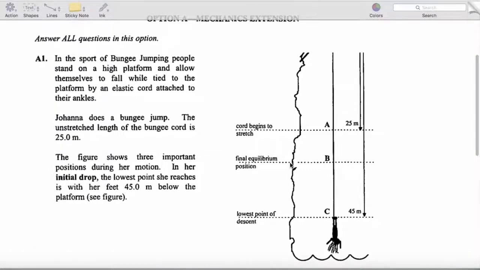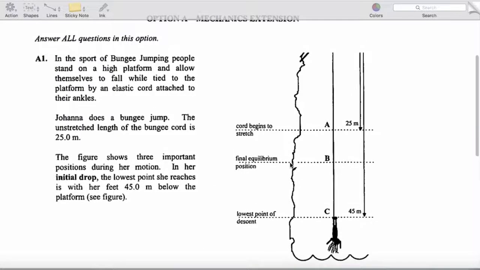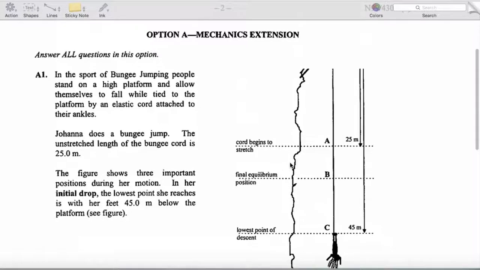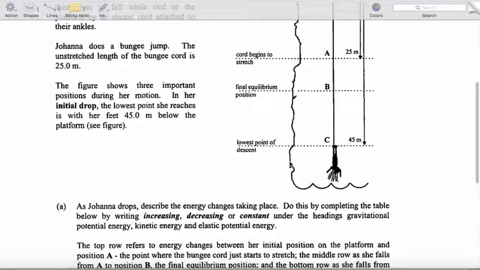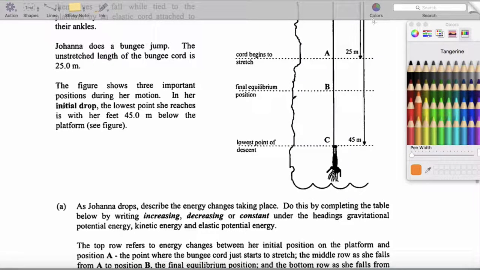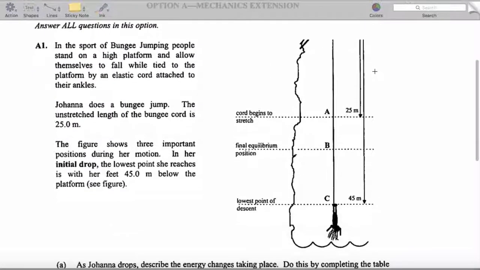So, to this end, before we calculate anything, I just want to label some things. Whenever I see these bungee cord problems, I'm just tempted to think about energy. So what I want to do is talk about what different energies are happening here.